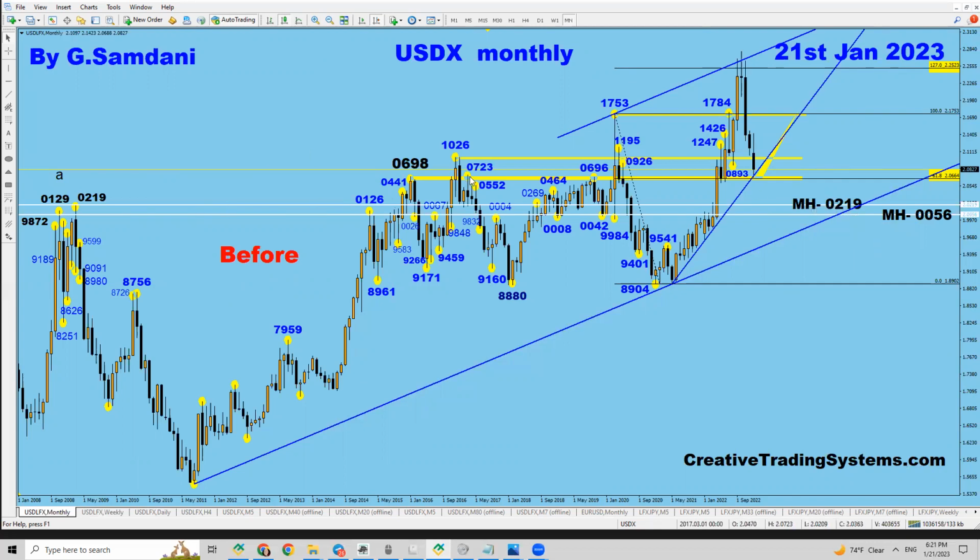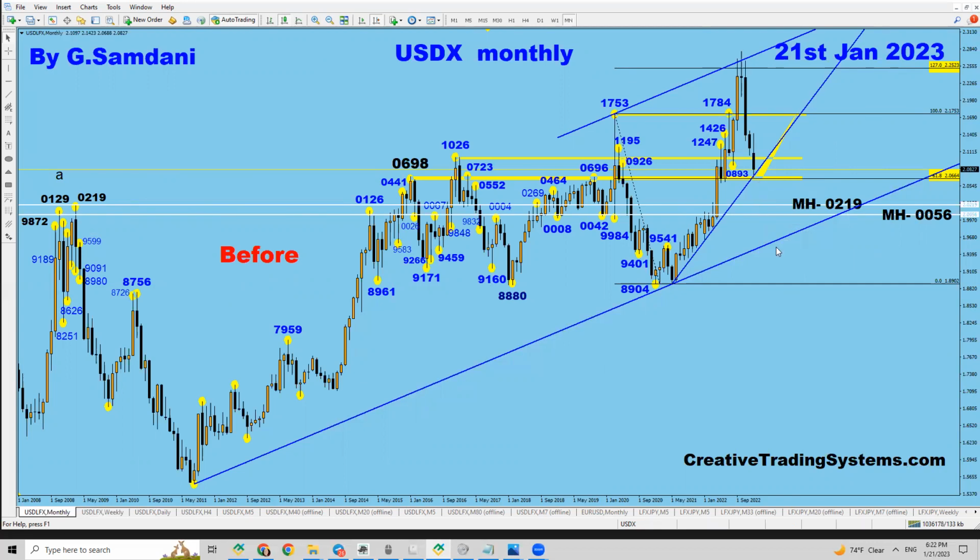You see 0219 right there, 0219 at 0129. These are the two highs. But I think before coming here, we're going to go up here a little bit and then come down. That's my first preference. The second obviously is it's just going to break this thing and then come straight down here.